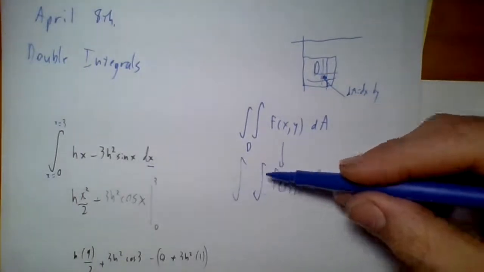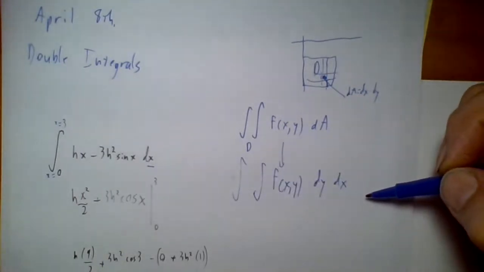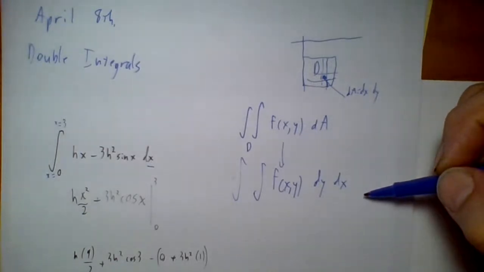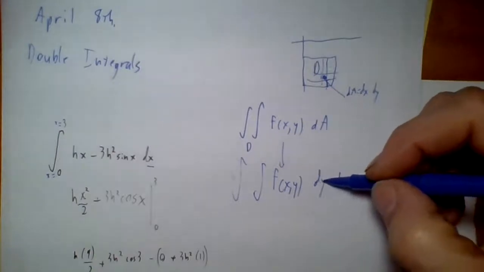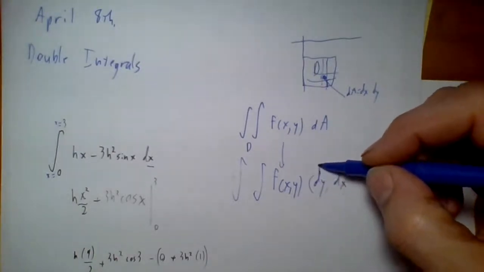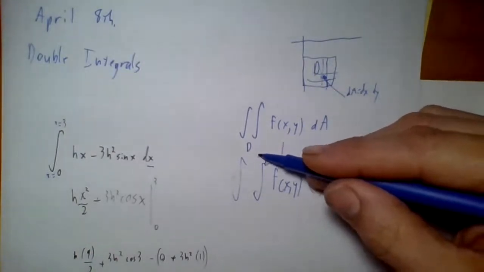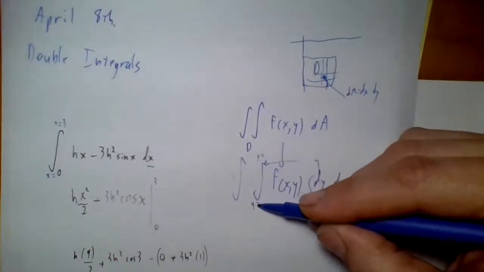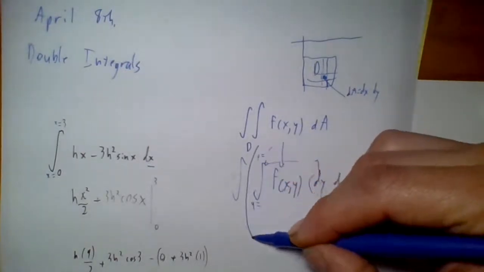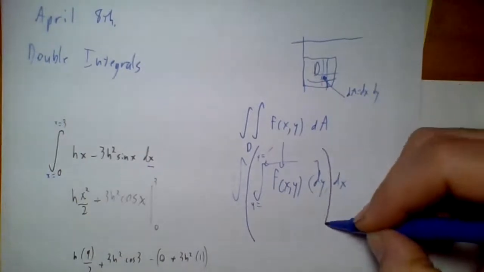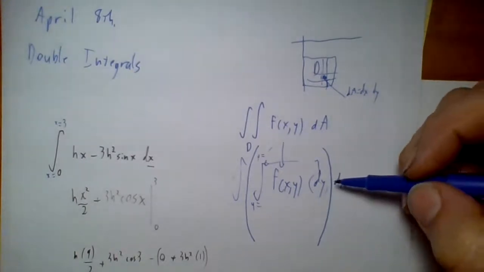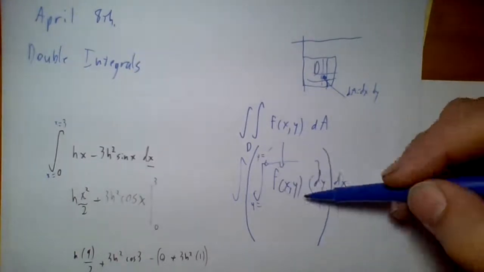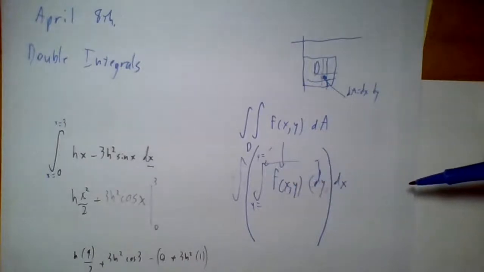And that means these two integrals are not a single symbol anymore. They're two different symbols. And we're going to integrate. If I set it up this way around, then the y from this dy means these have to be y equals something, and we're just doing an integral with respect to y. So I'm going to throw these big grouping symbols in here, because that's what we mean by the double integral now, is just that inside here I've got an integral with respect to y, where the x is treated as a constant.